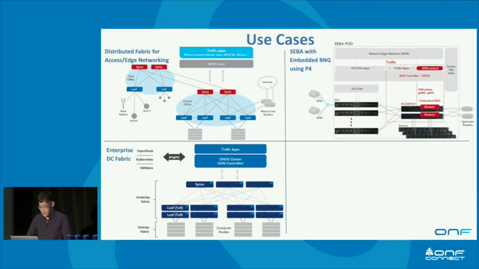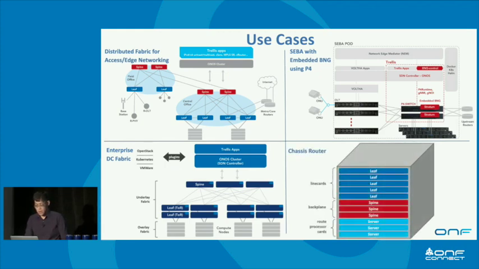With those plugins, it can get integrated with Trellis, so you can have unified control between both your underlay and overlay. Also, Trellis can be considered as a chassis router if you consider a spine as your backplane, and then you can extend this router by adding more leaves that would be similar to your line cards. And we also have a few servers that serve as route processor cards.